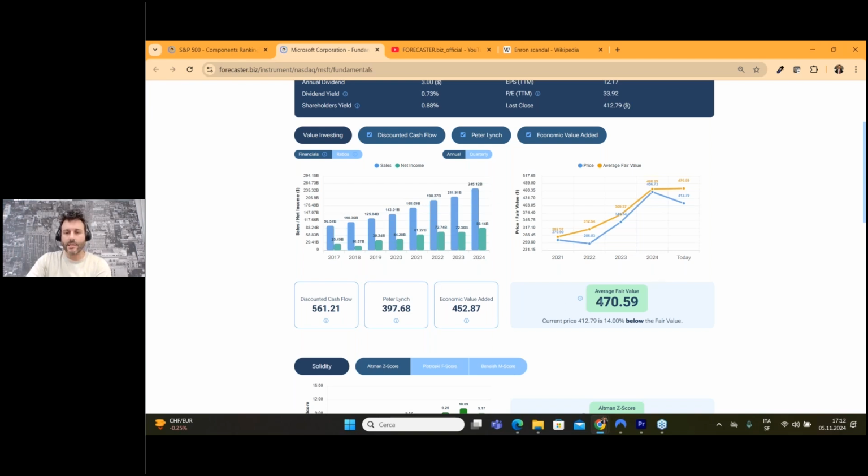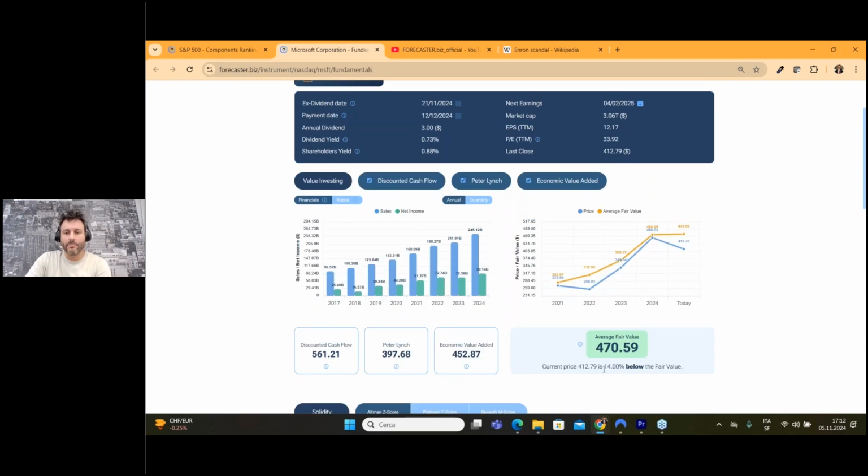The average fair value is $470, which means right now the company is 14% undervalued, because we compare the fair value with the actual price on the stock market, and we can find if the company is over or undervalued.